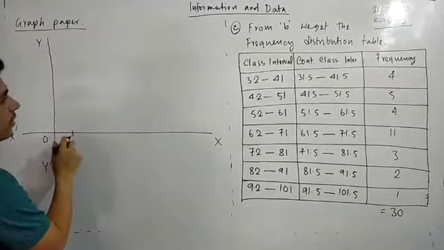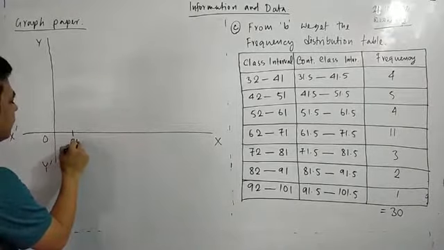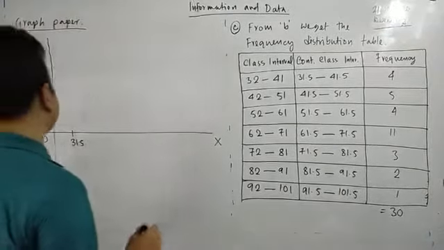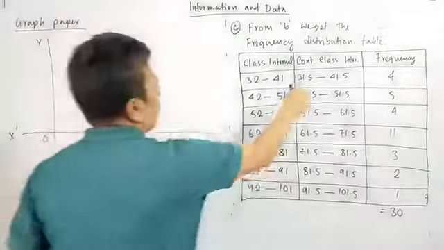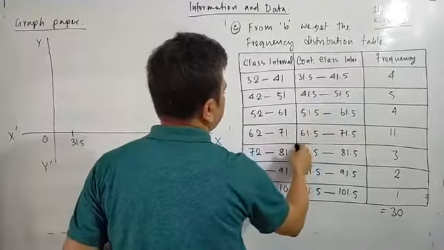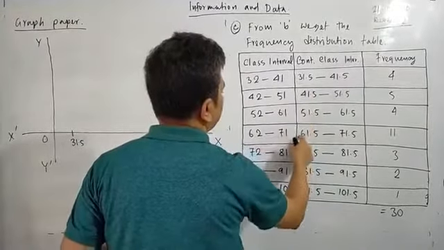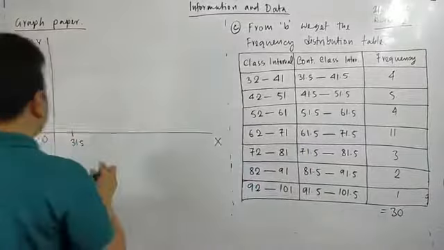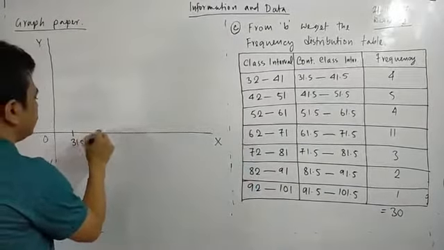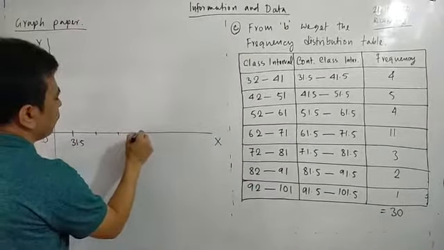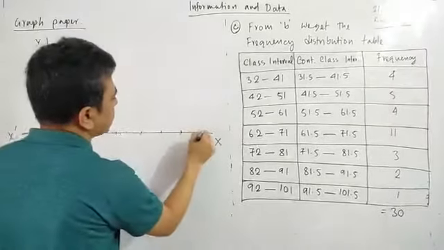This one is 31.5. How many classes we have? 1 2 3 4 5 6 7.